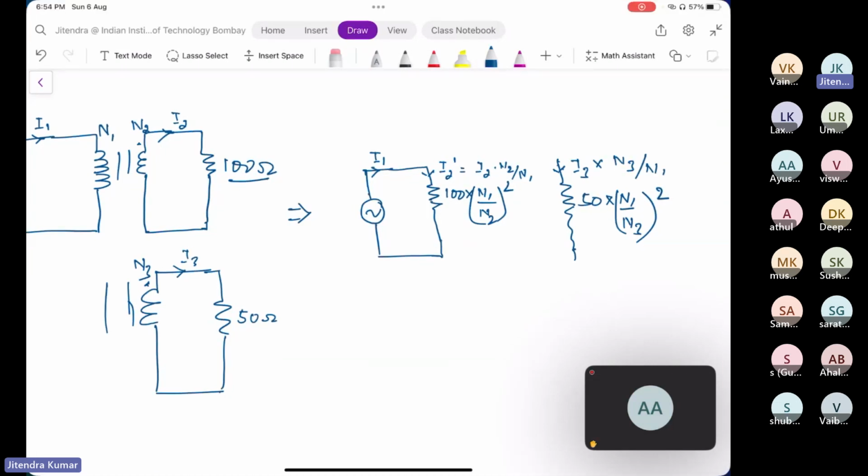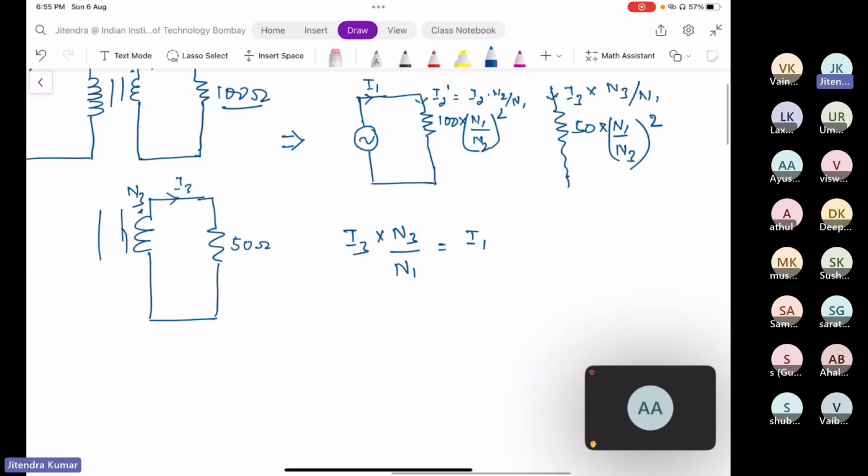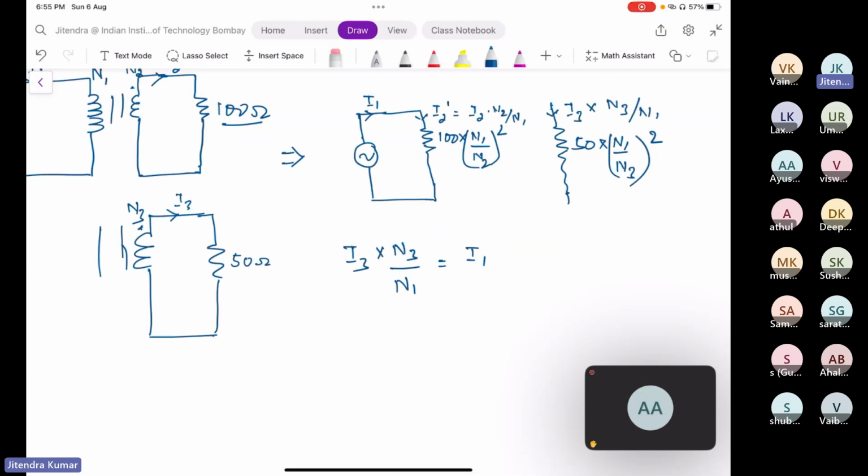If I3 into N3 by N1 is equal to I1, then it will be in series, otherwise it will be in parallel, right? Do you agree with this statement, Deepak?